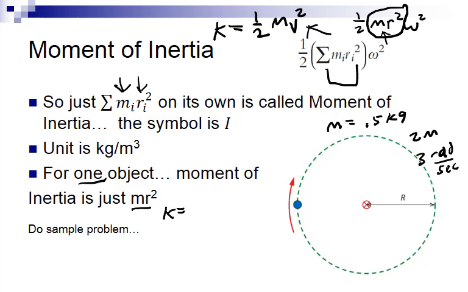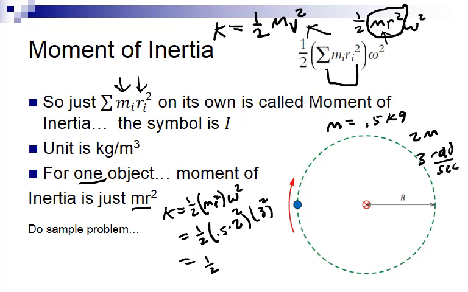So kinetic energy equals 1/2 times m r squared times omega squared. So 1/2 the mass, which is 0.5, times 2 squared, times 3 squared.